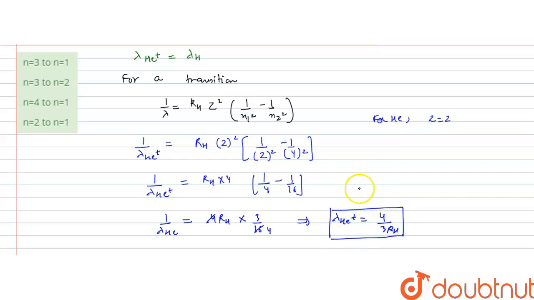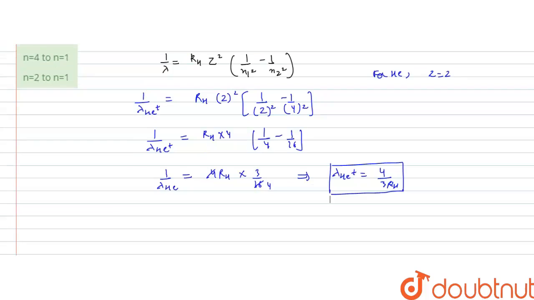Now if we write for the transition of the hydrogen spectrum, for hydrogen Z will be 1, so 1 upon lambda H will be equal to RH into Z square, so it is 1 into (1 upon n1 square minus 1 upon n2 square).